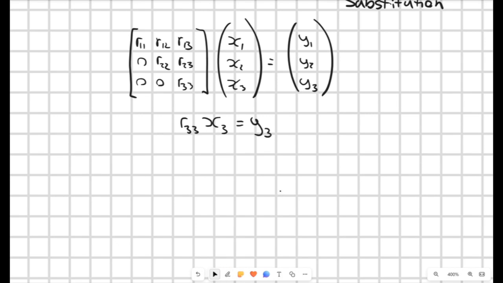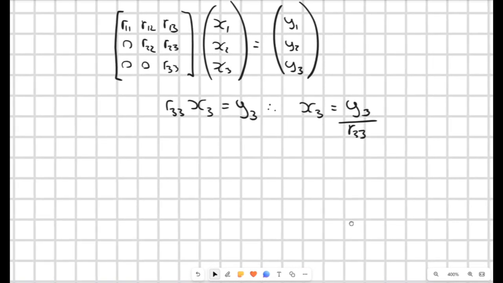And so that means that we can easily solve for x3 because we know it's equal to y3 divided by r33. So we've now solved the first element of our vector x.